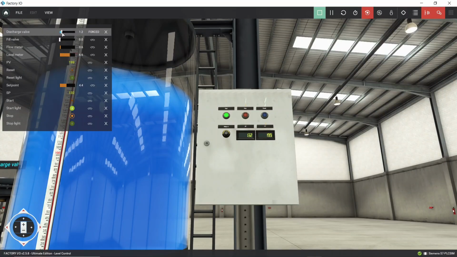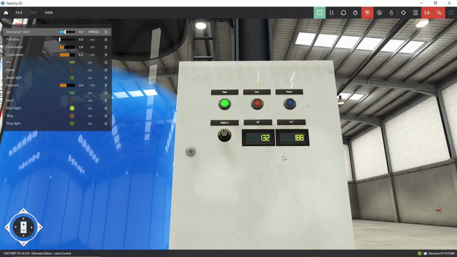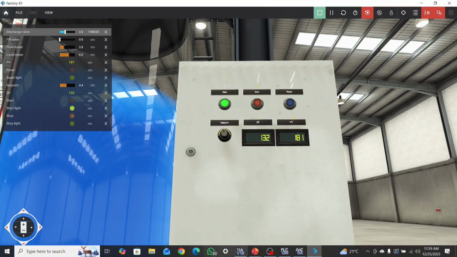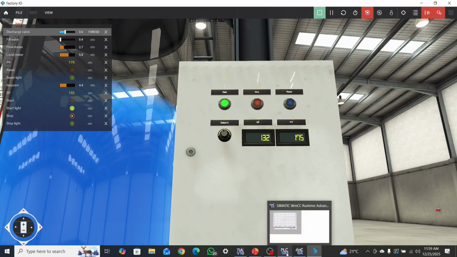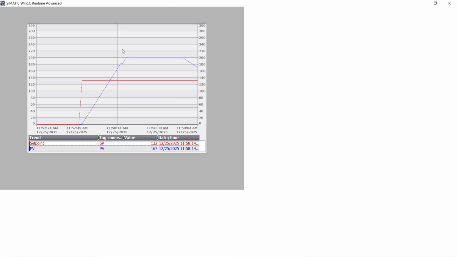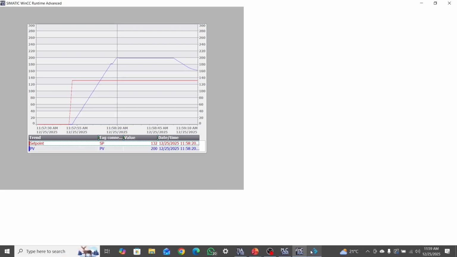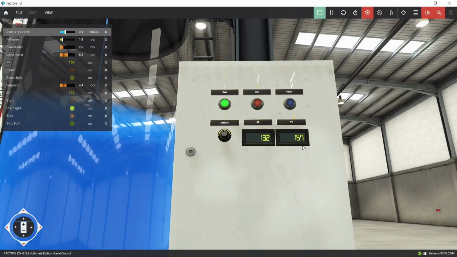So we will start the discharge valve to reduce the water, and we need to go to the set point. So we start the discharge valve, and you can see that our water level starts to decrease, and it will decrease up to the set point. And in the graph you can also see that our graph is declining, and the process value has reached 152, and it is decreasing continuously.